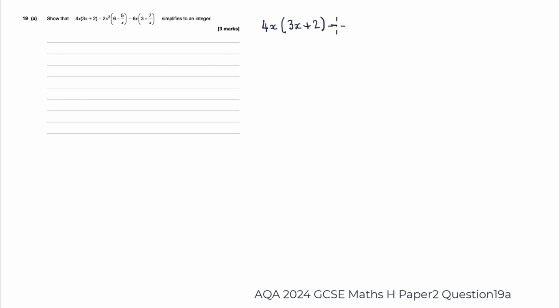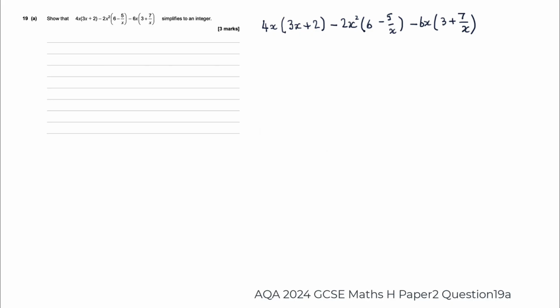Then we've got a negative 2x squared multiplying 6 minus 5 over x. And then we've got a negative 6x multiplying 3 plus 7 over x. So there's 3 terms, and each term is a product.